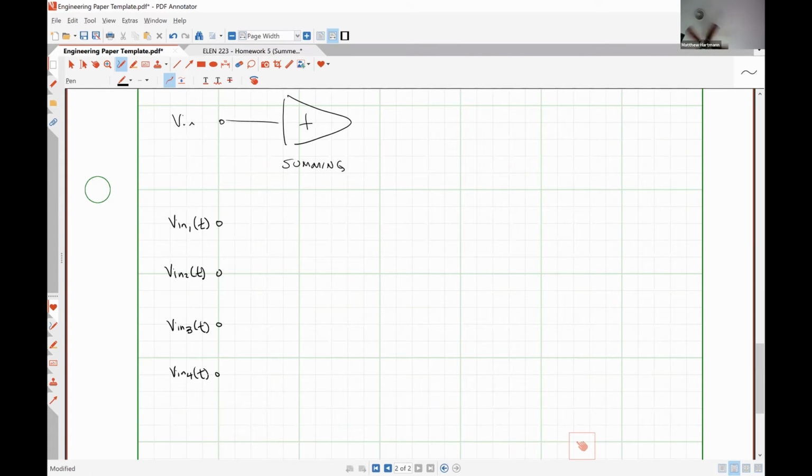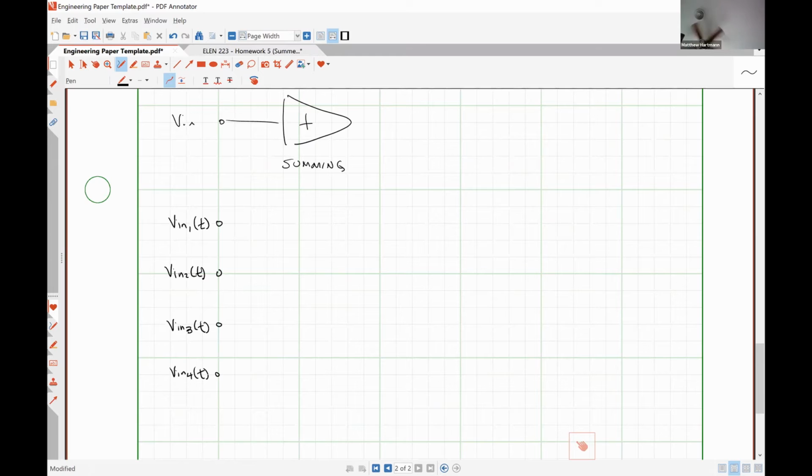So here are all of our input signals. For a summing amplifier, we have 2 options here: the first option is an inverting summing amplifier, and the second option is a non-inverting summing amplifier.